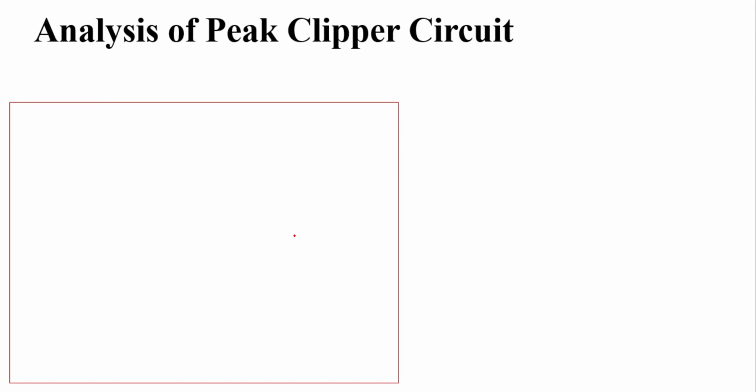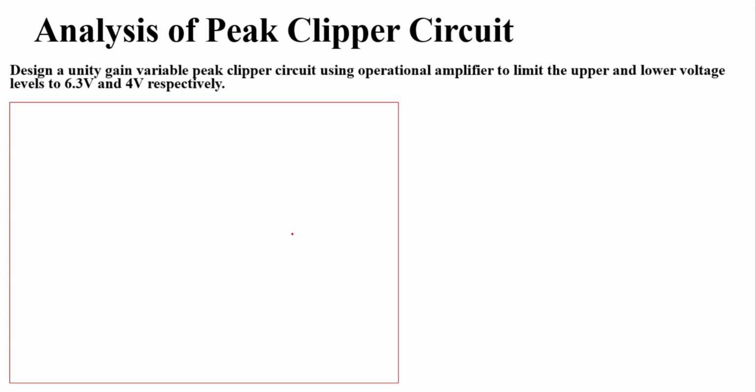So, let us see how to analyze a peak clipper circuit using an operational amplifier. For that, I am going to take a problem. The problem is to design a unity gain variable peak clipper circuit using an operational amplifier.